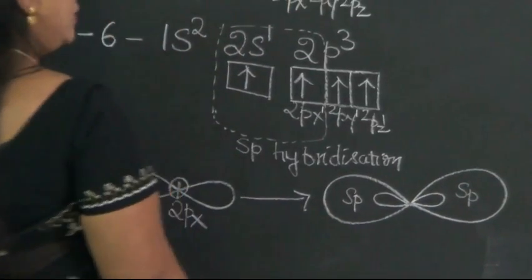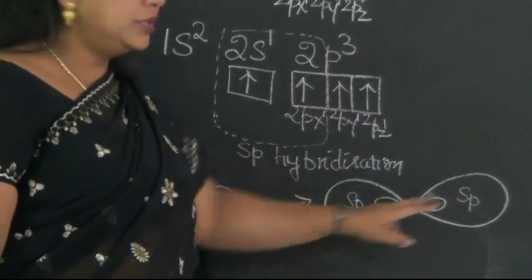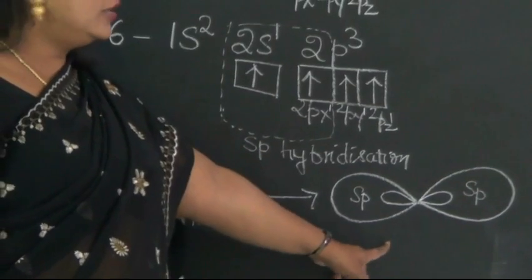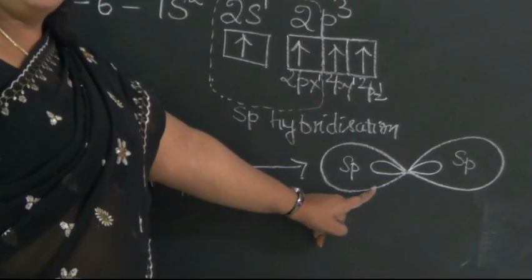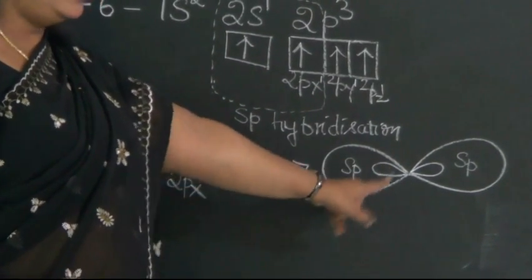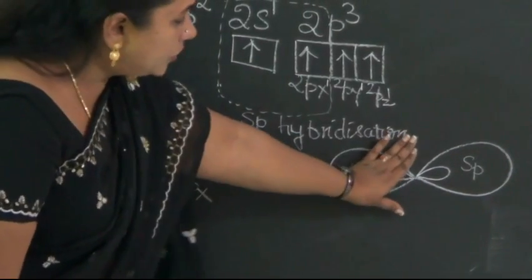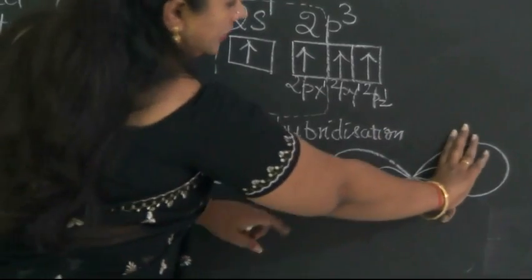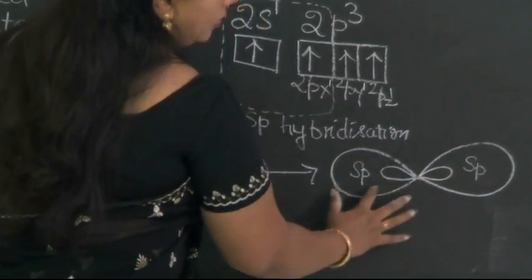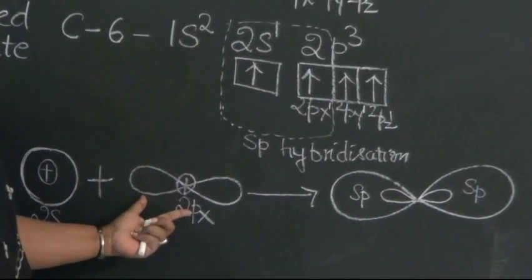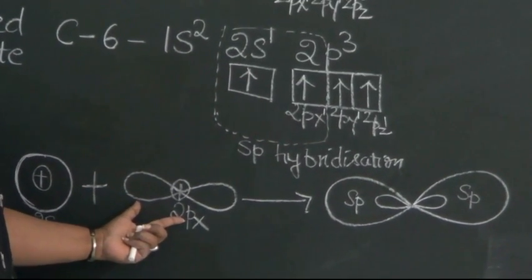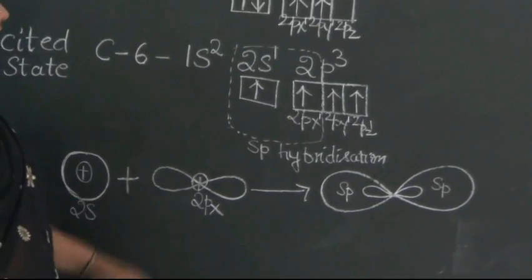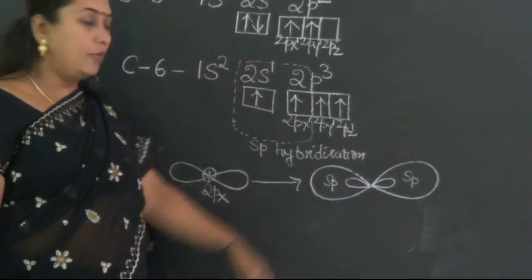So we will land up in the formation of two sp hybrid orbitals. Remember, these are not the dumbbell p-shaped orbitals. They are the hybrid orbitals because each one is like this. This is one sp and this is another sp. It is not dumbbell shape as we have written in this case. So you should take care while writing to show a clear distinction between the atomic orbitals and the hybrid orbitals.